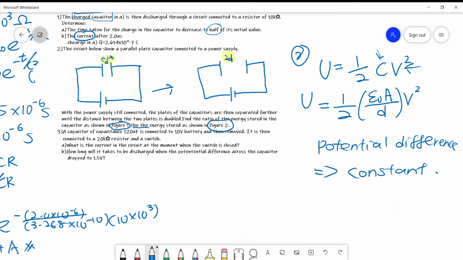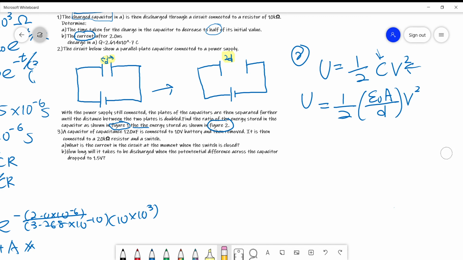Constant means that the battery keeps supplying electrical charges to the capacitor. So the potential difference will be constant instead of a manipulated variable, and hence I can conclude that the capacitance is the one that will be affected.